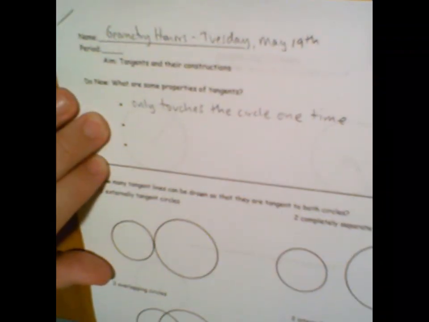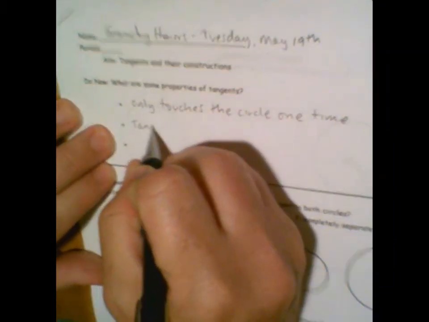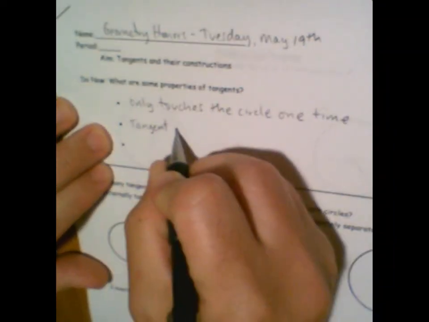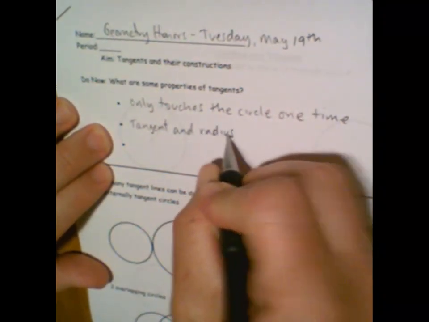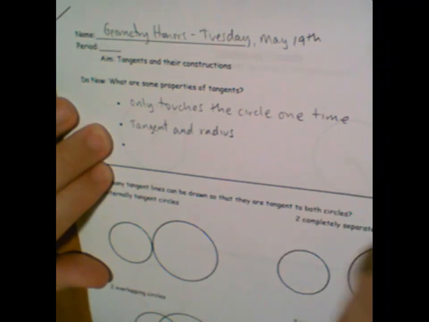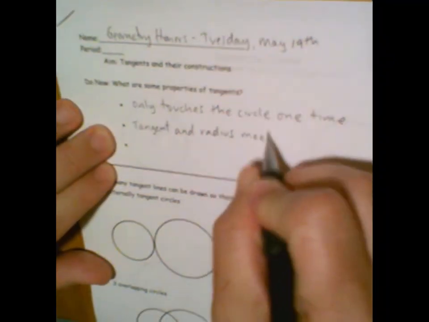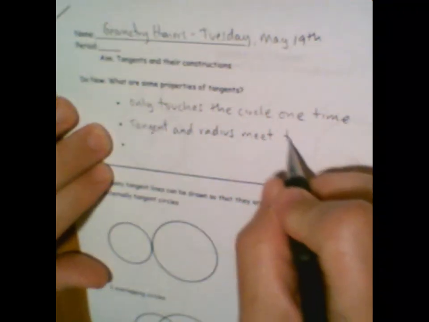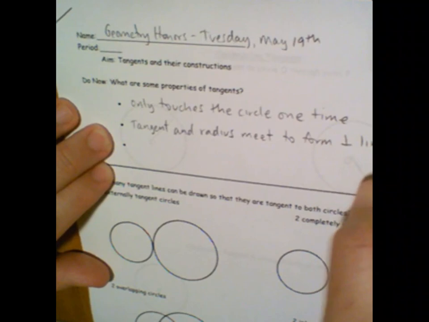Tangent and radius meet to form perpendicular lines. Radius or diameter, because a radius is part of the diameter, meet to form perpendicular lines.